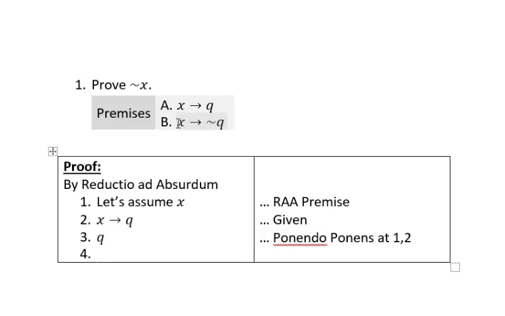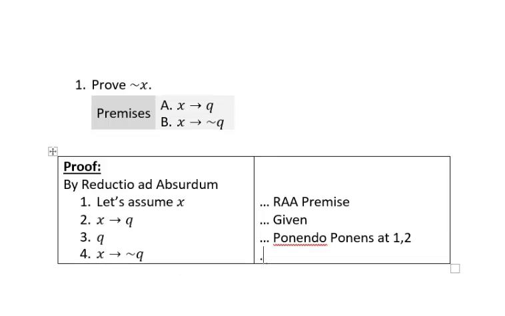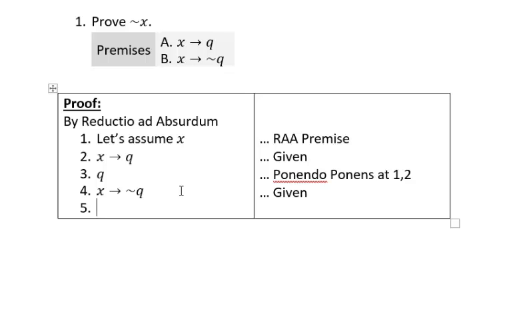Now, I can copy the second premise. The second premise is also a conditional that tells me if I have x, then I would have the negation of q. And that is also given because it's part of the premises of the exercise. Now, if you notice step 4 and step 1, step 4 tells me if I have x, then I can conclude negation of q.